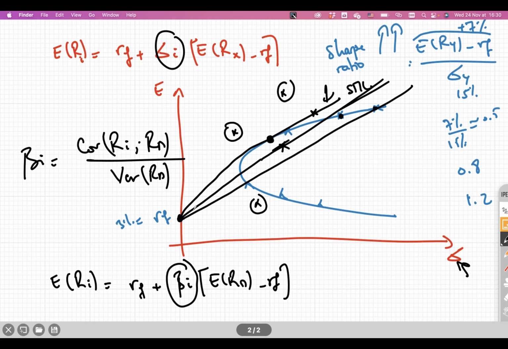Now, you can ask me a question, why are we replacing sigma I by beta I? Remember what you have seen during chapter number 8. We agree that the total risk of a stock is measured by its variance or standard deviation, right? This total risk is composed of two factors: the systematic risk and the specific risk, what we call the idiosyncratic risk.